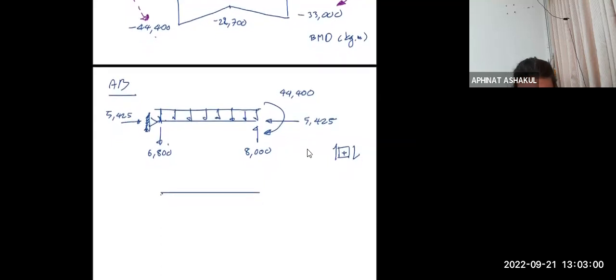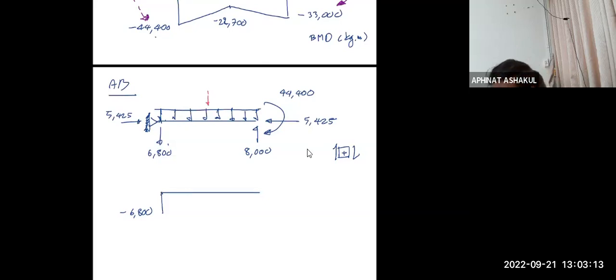Okay. So now you can see it's strange here to begin with. It's downward. So when you see your sign convention for shear force diagram, positive is up on the left, down on the right. So now it's down on the left, which means you begin with a negative value, right? And the total load here is 200 multiplied by 6.